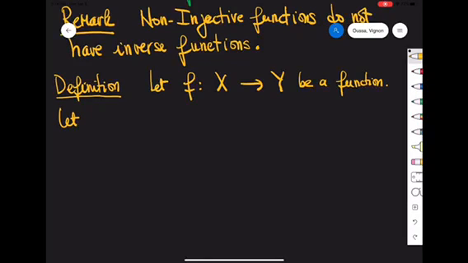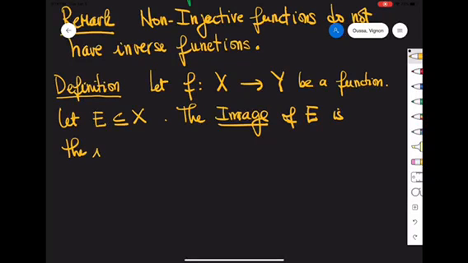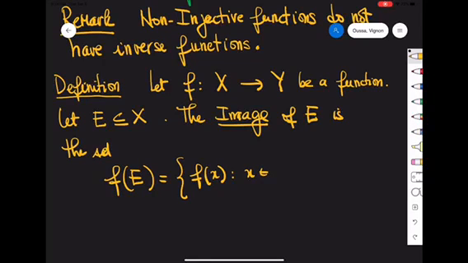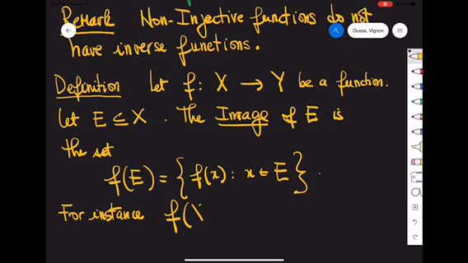And let E be a subset of X. The image of E is the set denoted f of E, which is the set of all elements of the type f of little x such that x is in E. Okay, so for instance, f of big X is the range of little f.